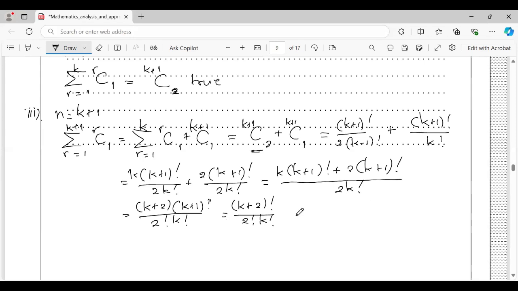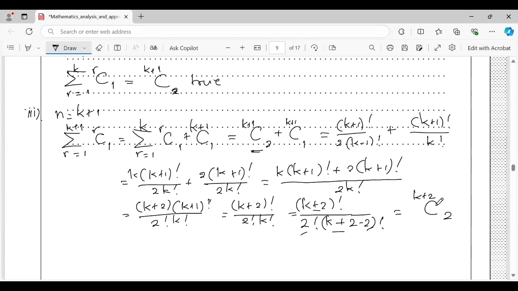And then the next is k plus 2 factorial over 2 factorial times k plus 2 minus 2 factorial. So it becomes the combination k plus 2 and then 2. So this one and this one.